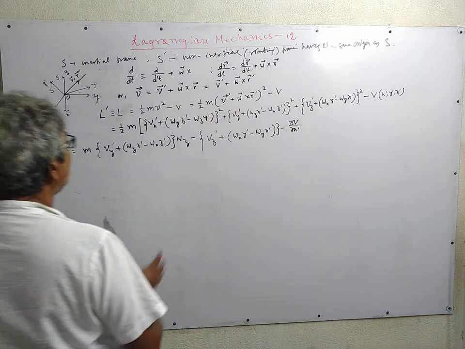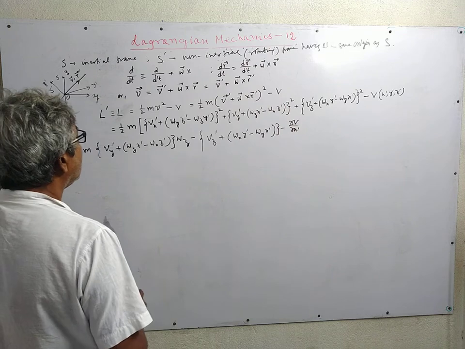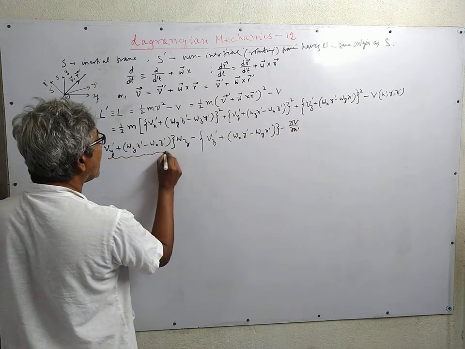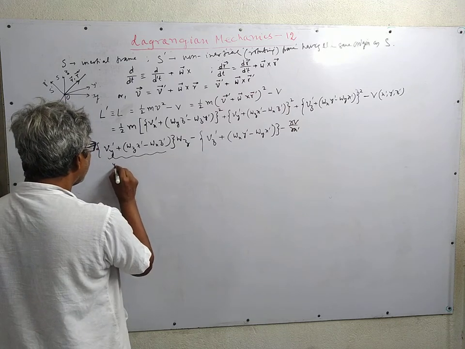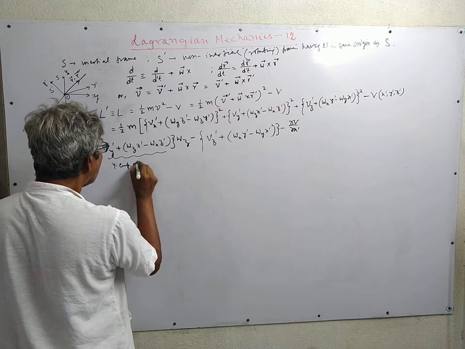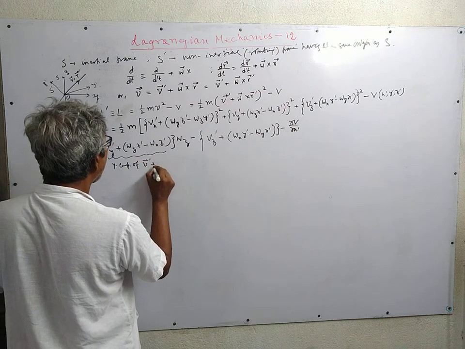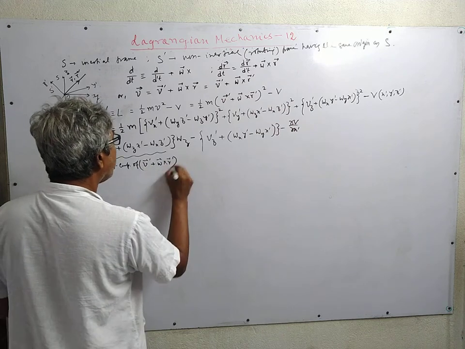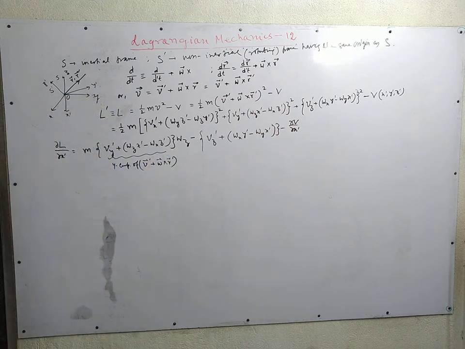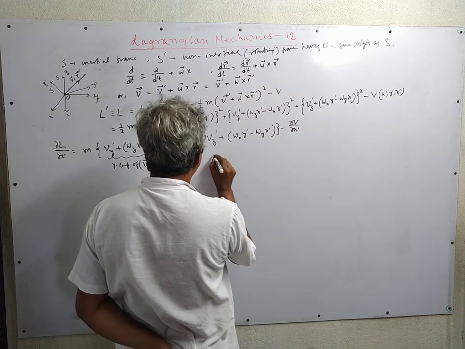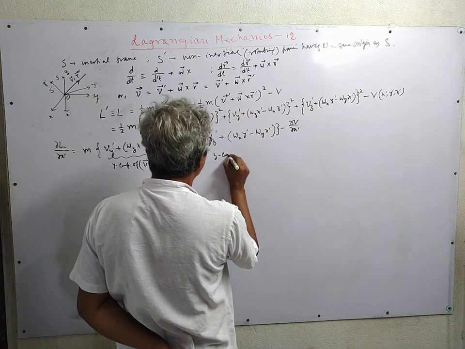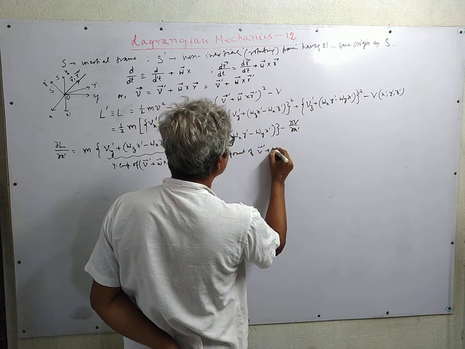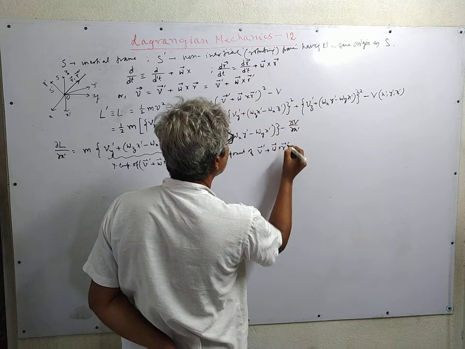You see that you may decouple this. This is basically the y component of V prime plus omega cross r prime, and this is the z component of V prime plus omega cross r prime.